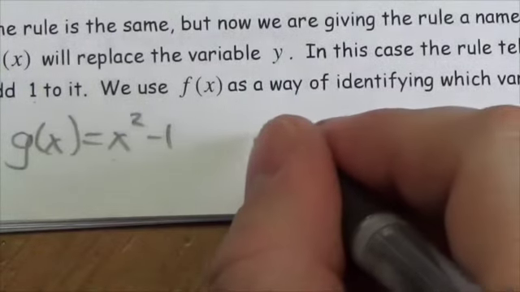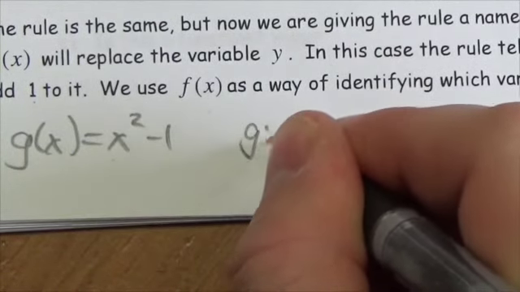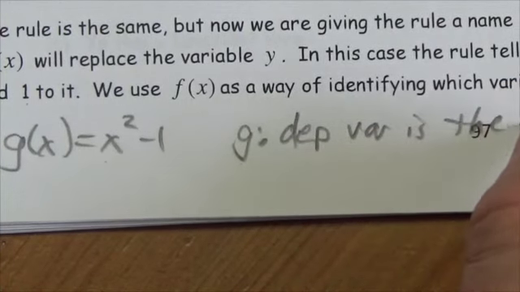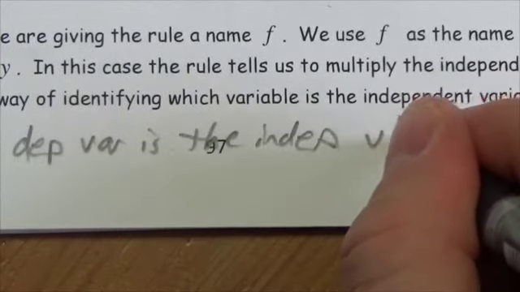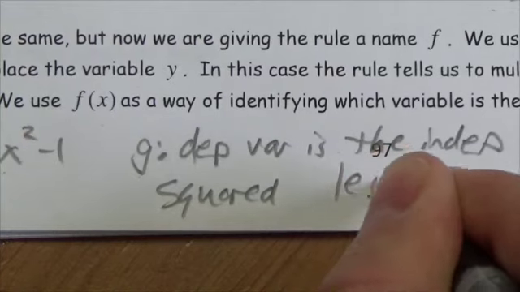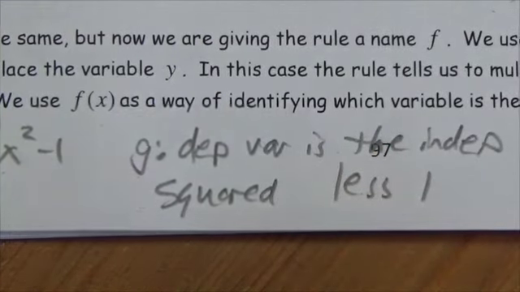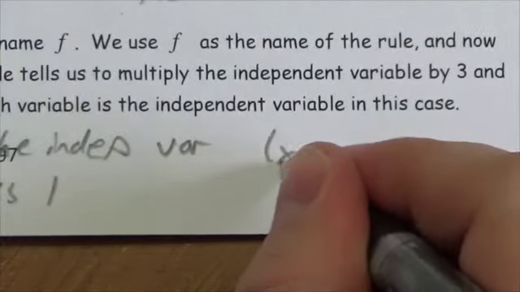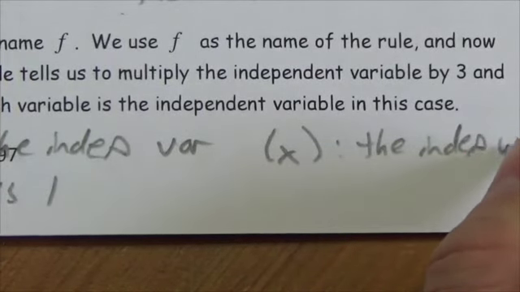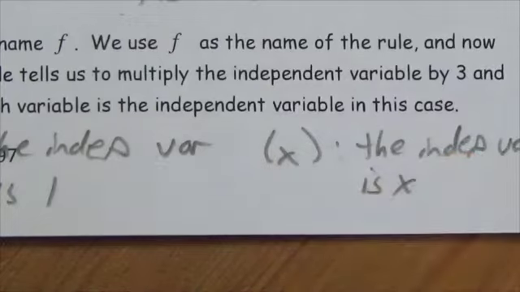In this notation, g would mean this: the dependent variable is the independent variable squared less 1. And remember that whatever's inside here is the independent variable, which is x.